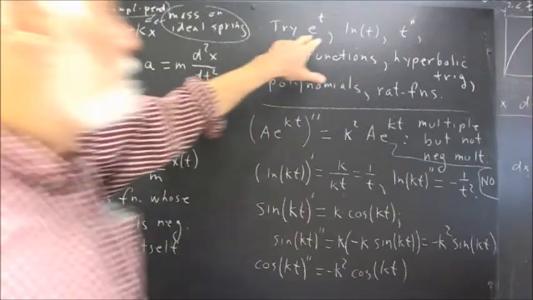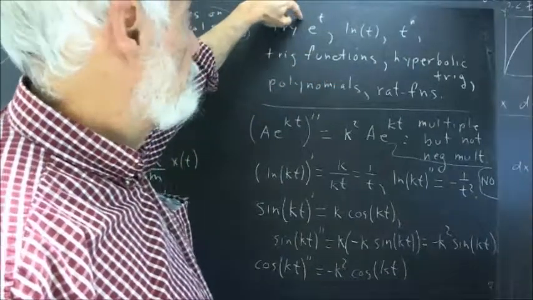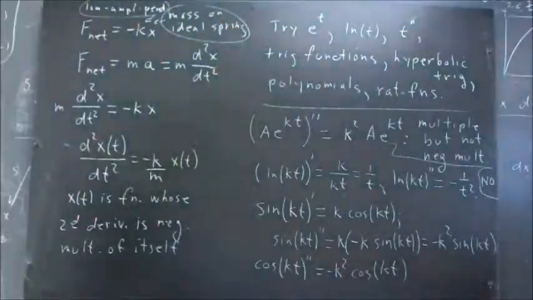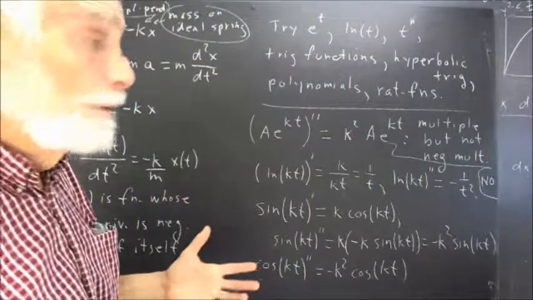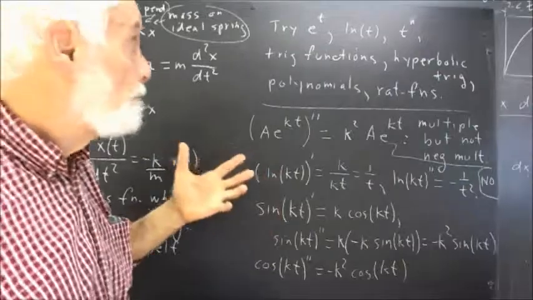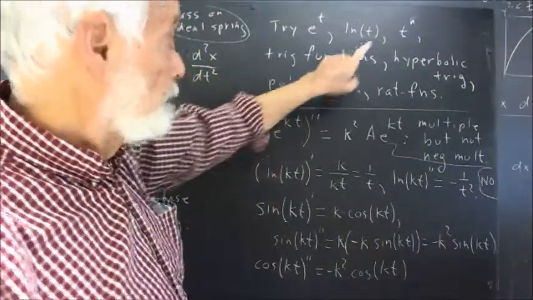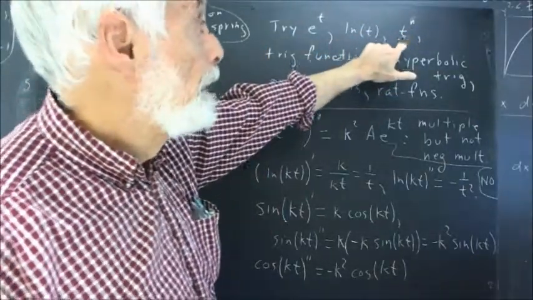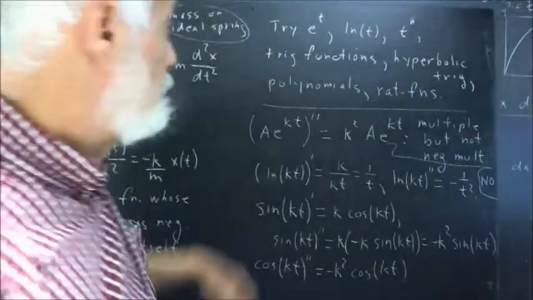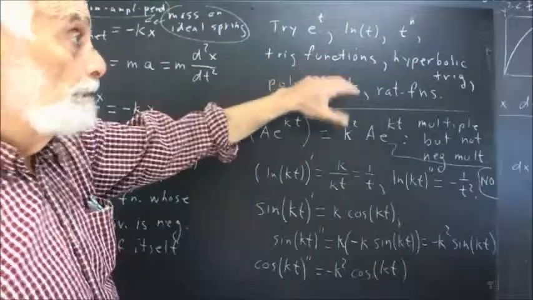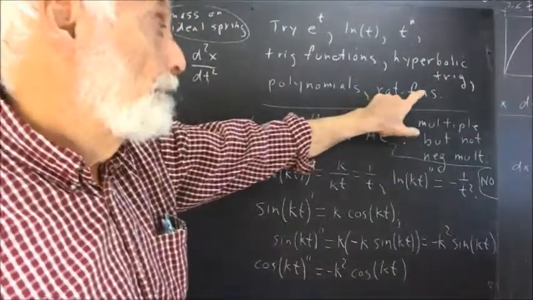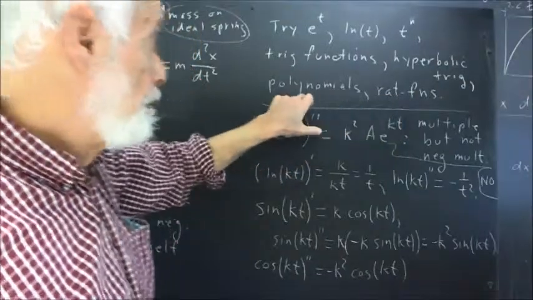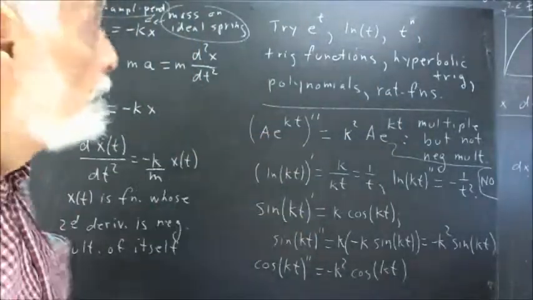The question I asked in class is just what kind of functions do we know how to take the derivatives of? Well, obviously exponential functions, logarithmic functions, power functions, trig functions were mentioned, hyperbolic trig functions, and of course then rational functions, and when rational functions was mentioned, I threw in polynomials.